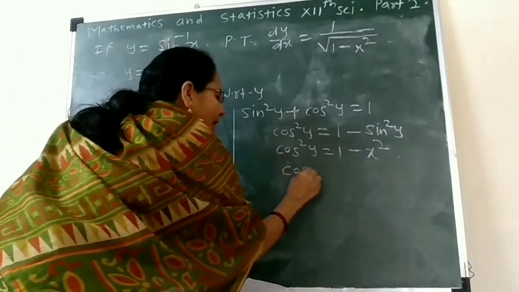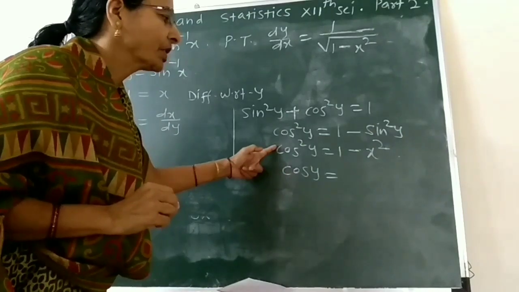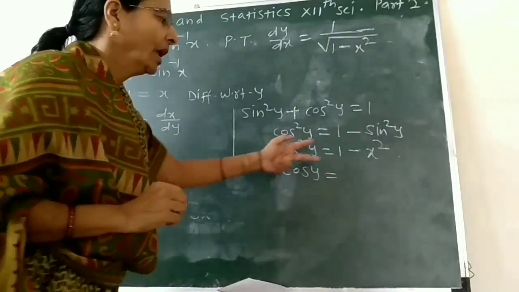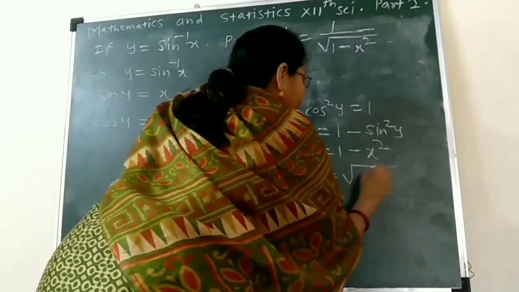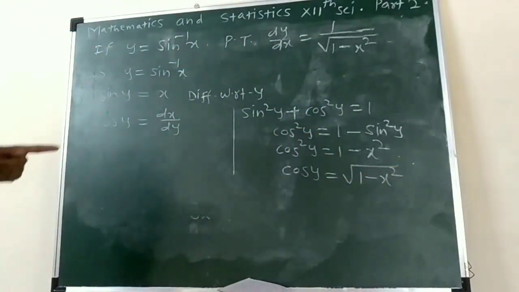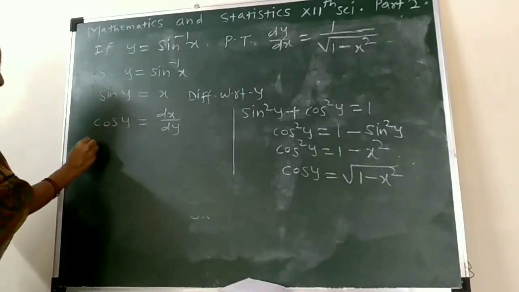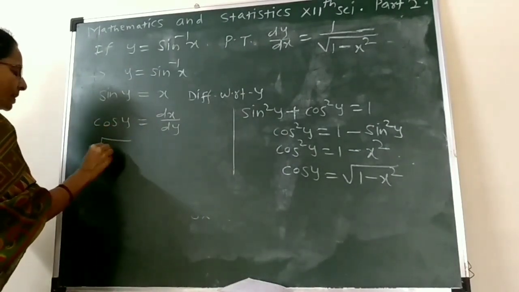So cos y is equal to, take the root of both sides, root of 1 minus x square. This is the value of cos y.